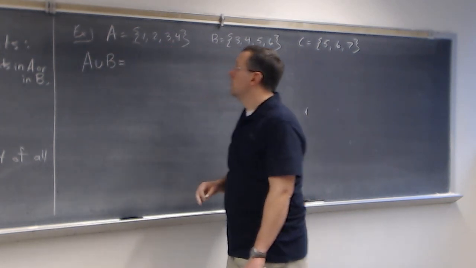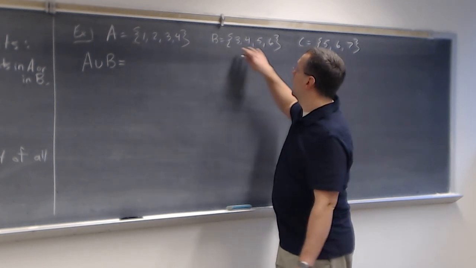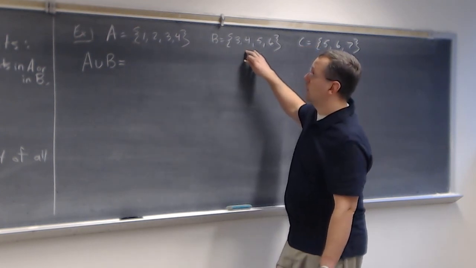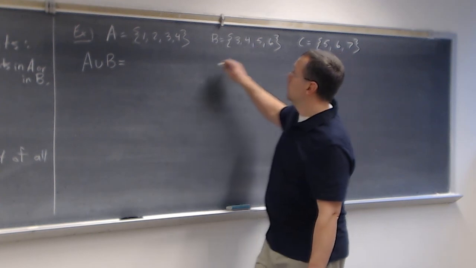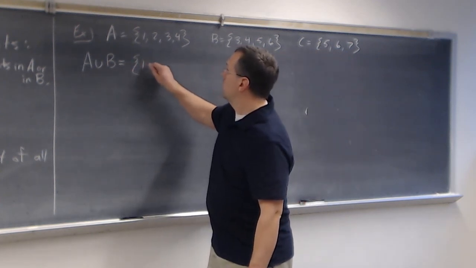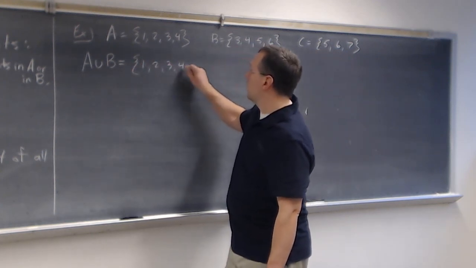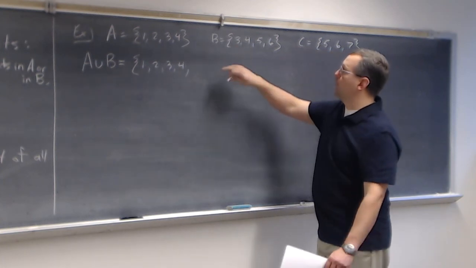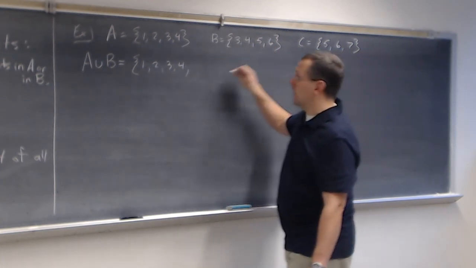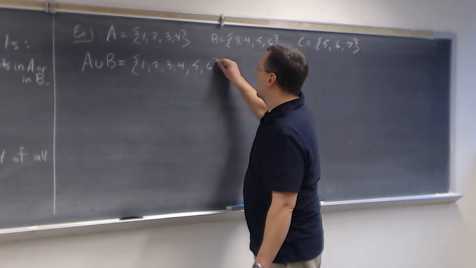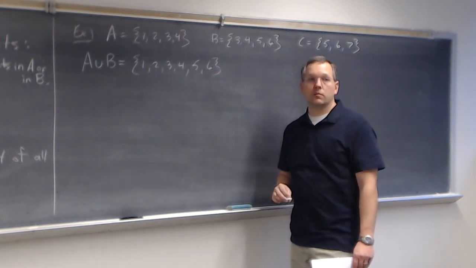A union B: you take all the elements of A, then add anything you've not already included from B. So it'll be 1, 2, 3, 4. I've already got 3 and 4, so I need to add 5 and 6. There's A union B.